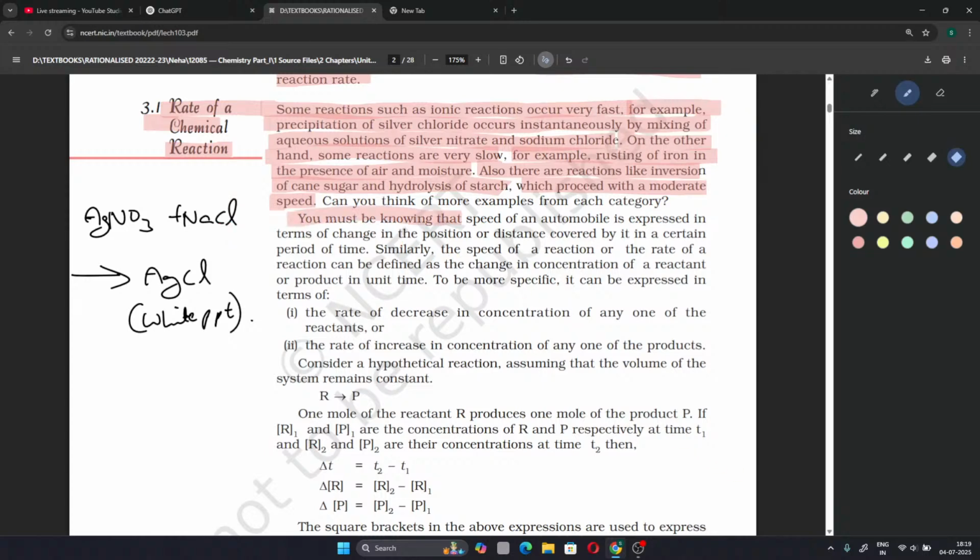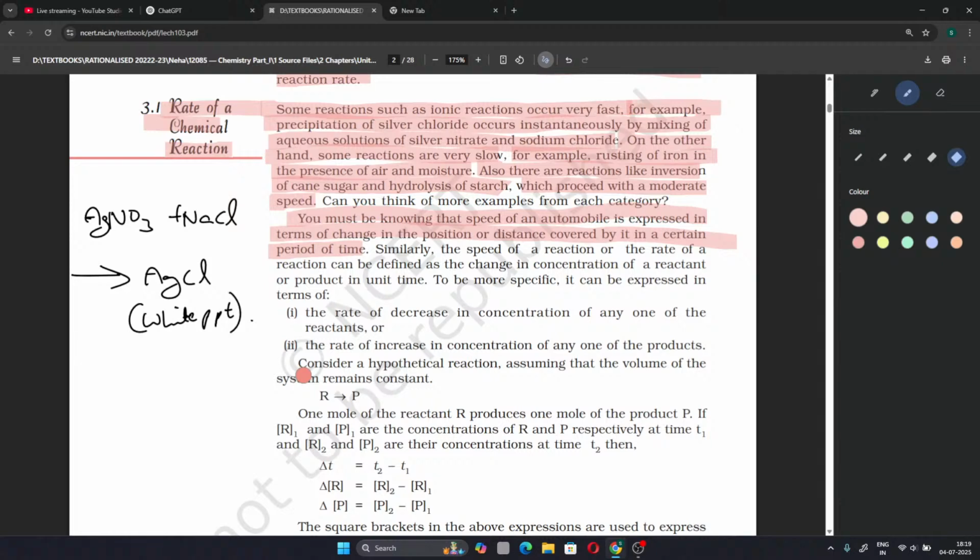You must be knowing that the speed of an automobile is expressed in terms of change in position or distance covered in a certain period of time. This is basically motion, kinematics, physics. In that we saw that the speed is expressed by the distance covered in a certain period of time.